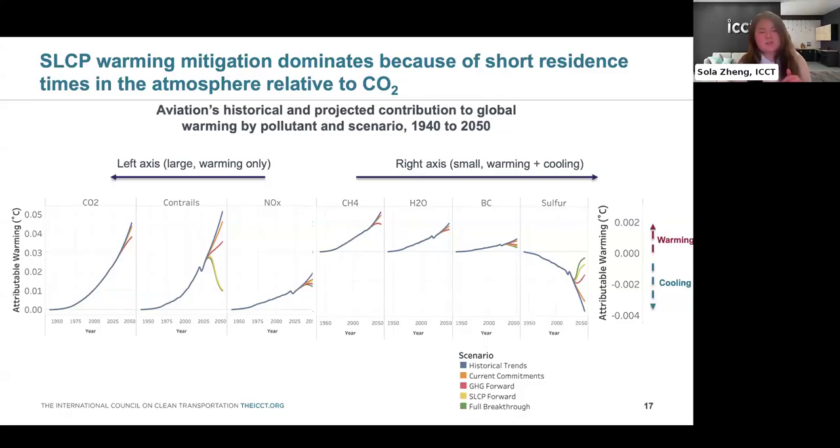And this is just really linked to how CO2 keeps accumulating in the atmosphere. So even if we maximize our mitigation technologies, it will not be translated into reduced warming that quickly. And then contrails are sort of the opposite, where we'll see very immediate effects of reduced warming.